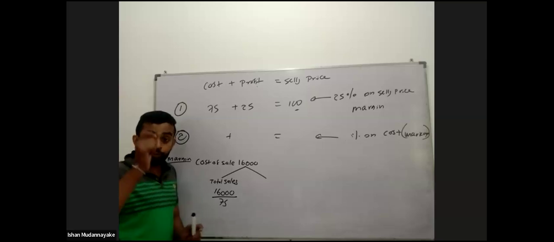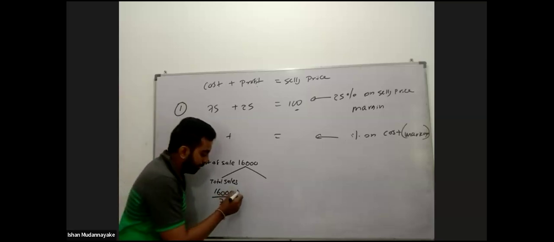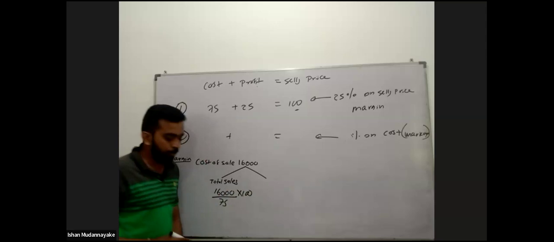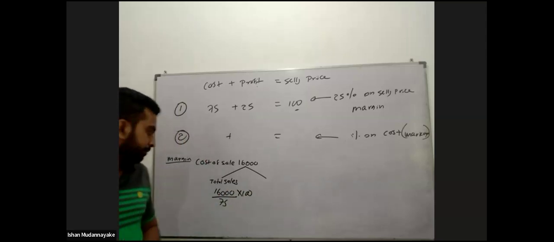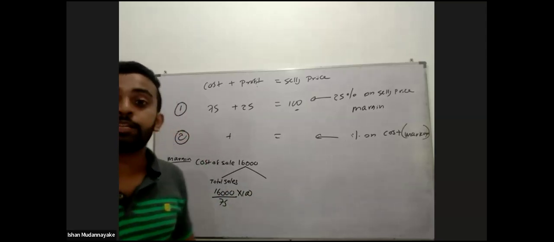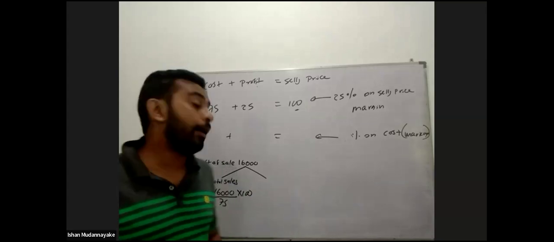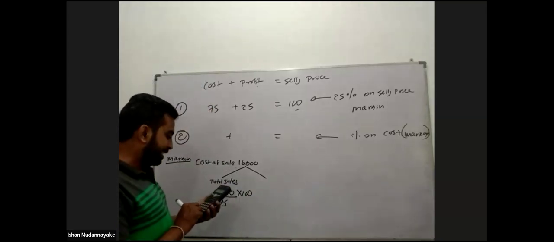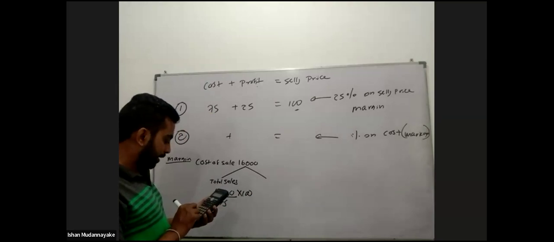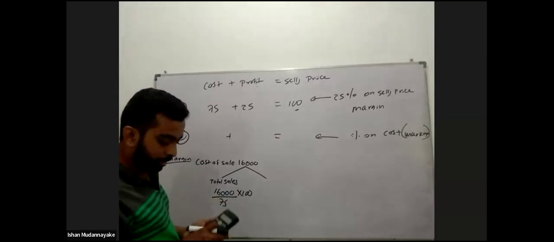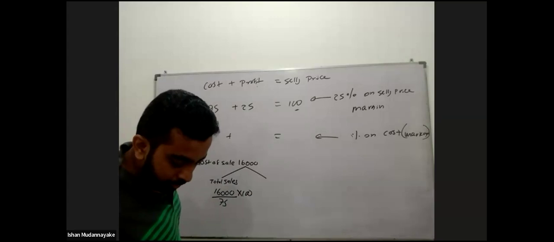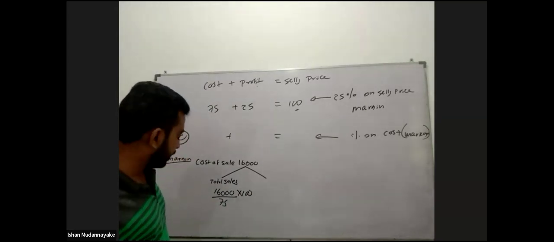To calculate sales of the business, multiply by 100. Total sales: 16,000 divided by 75 multiplied by 100, which is 21,333.